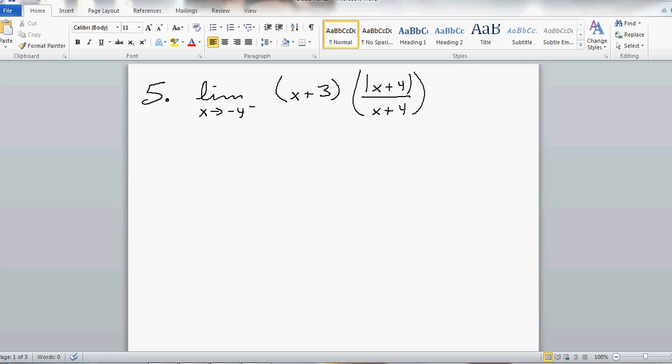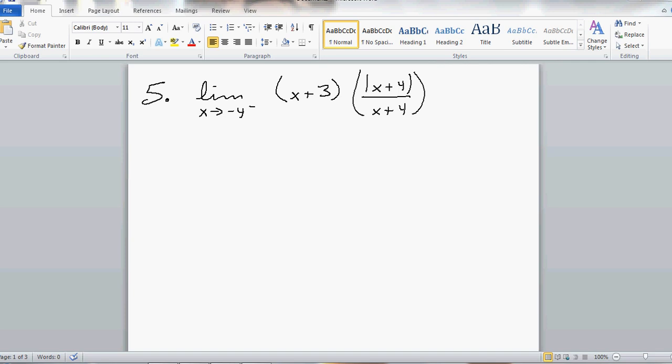So values would be -4.001, maybe even as far away as -5. Who knows? But when we put in -5 here, just for ease, -5 plus 4 is -1, and the absolute value of that would be 1.